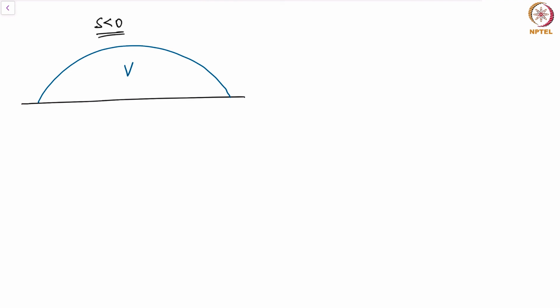So we can write down an expression for the surface energy. So that's one parameter. The other parameter is the volume V. There are two quantities, right?